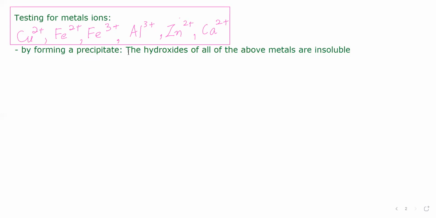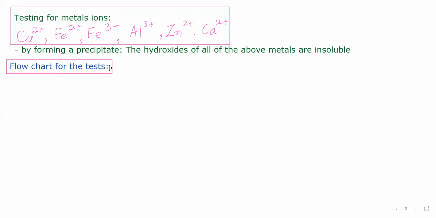Now, what is going to happen? What is the flow chart? I will use a different color. Here, this is going to be the flow chart for the test. I always like to do flow charts because they are easier to follow. What is the first step?